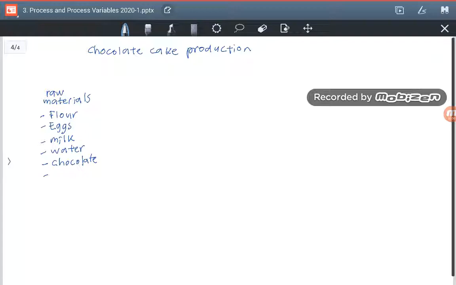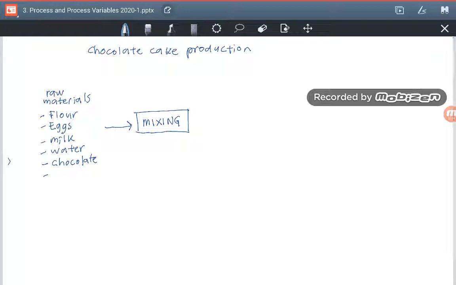So there are a lot of raw materials that we need. So all of this raw material, we need to go to the first process, which is the mixing process. So I'm just going to put it in a box so that you know that this is a process.